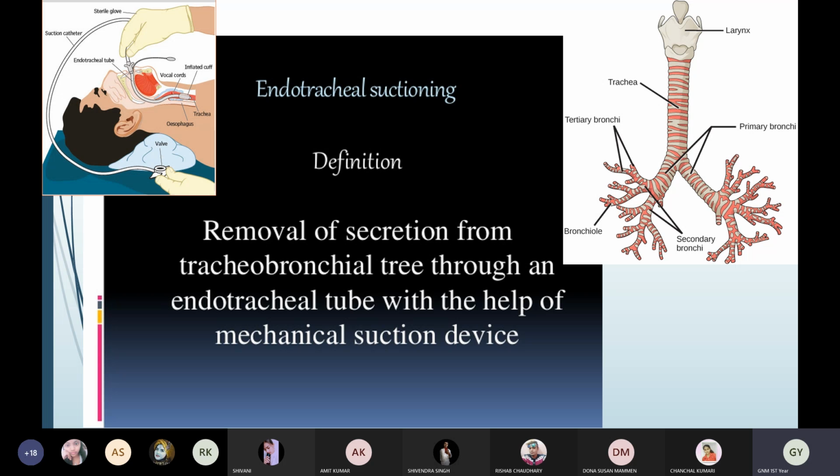The air pathway is oxygen from the nose going to the trachea and to the lungs. Because of secretions, the air will not go into our lungs. So we have to remove secretions with the help of suctioning.